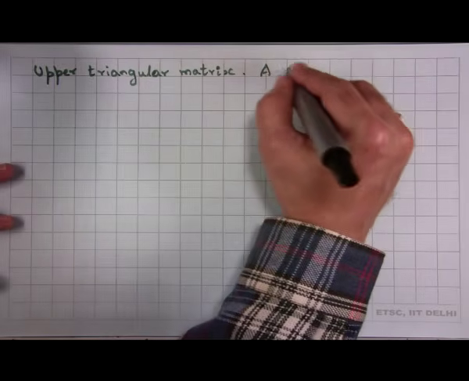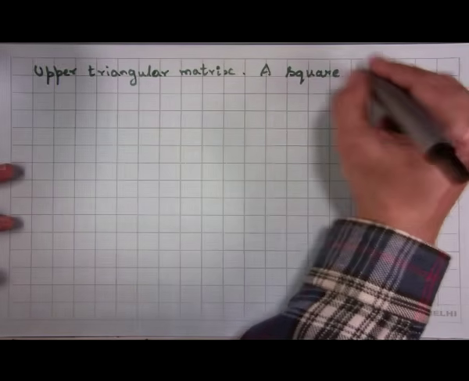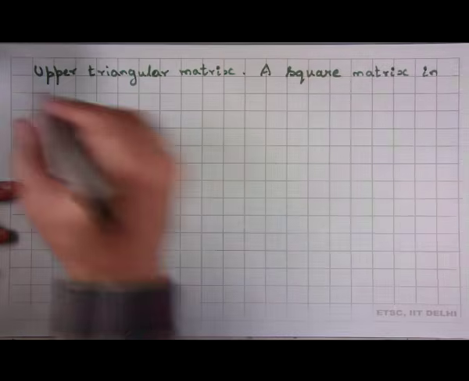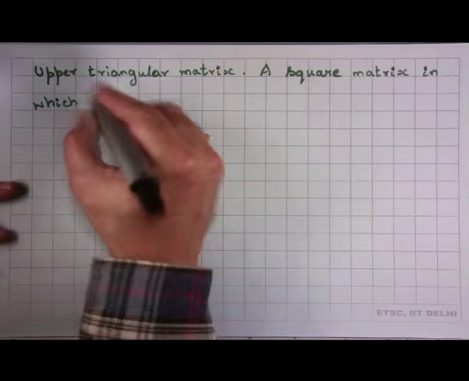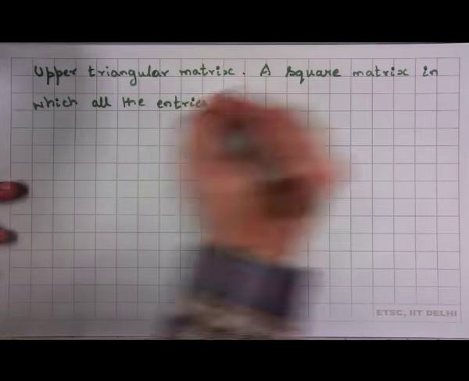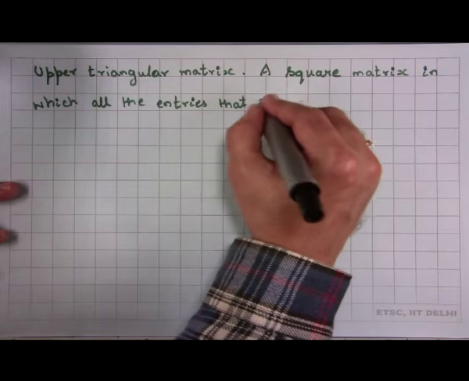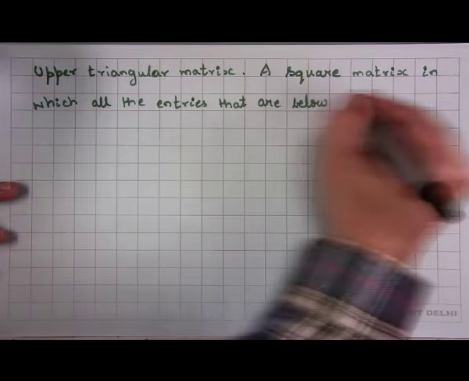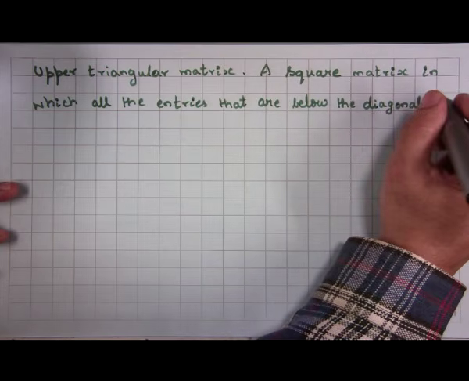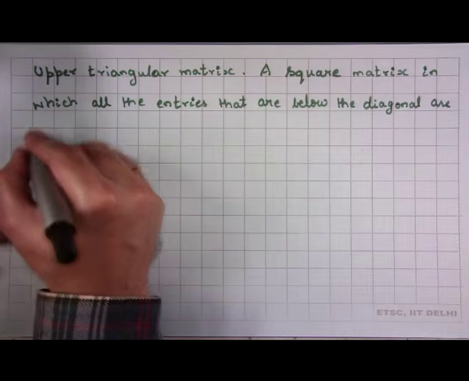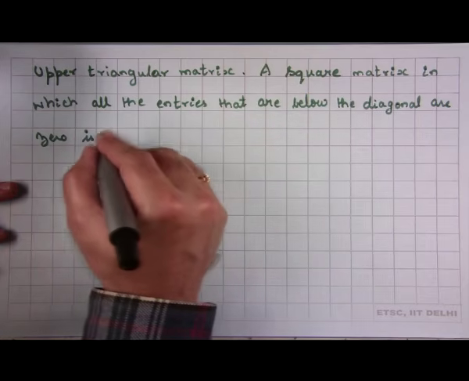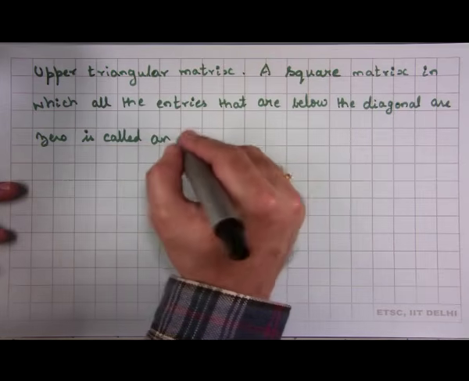A square matrix in which all the entries that are below the diagonal are 0 is called an upper triangular matrix.